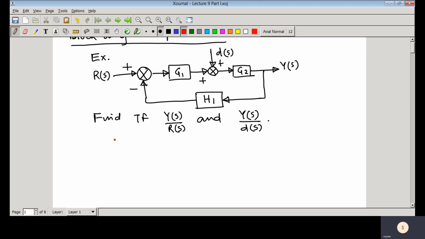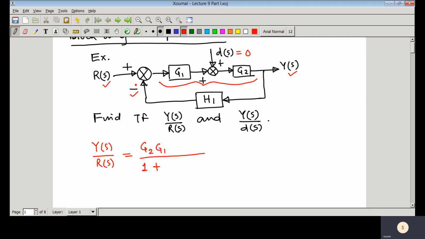So suppose that is YS by RS. When we are finding YS by RS, we assume that DS equal to 0. Then you can see here that RS is here and YS is here. So this is actually that forward path. So forward path transfer function, that is say G2 G1, and then the feedback is negative, so that would be 1 plus.